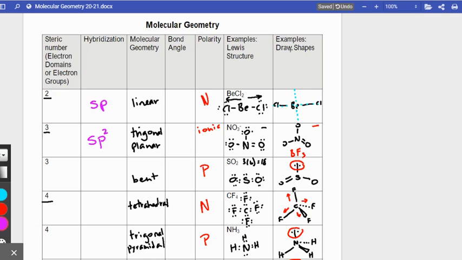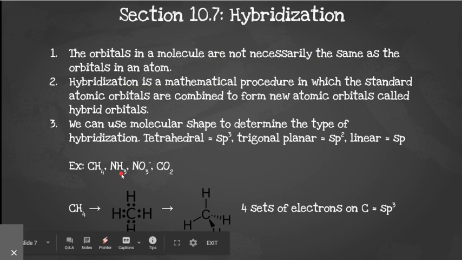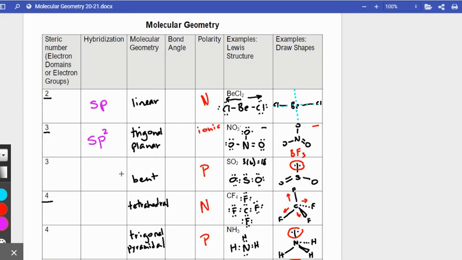And for SO2, I still have 3 things around the central atom. So the hybridization on SO2 is going to be sp squared as well. For carbon tetrafluoride, we have a steric number of 4, meaning I'm going to need 4 orbitals to hybridize.